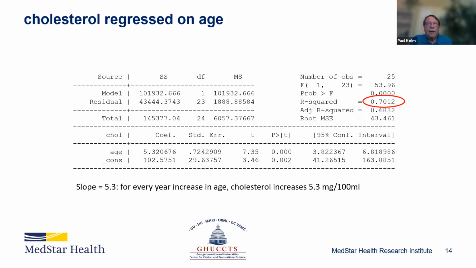And in terms of our intercept term here, 102.57, what that means is that when age is 0, the cholesterol level is 102, plus or minus a little bit. Well, if you think about this, an age of 0 is not very meaningful unless we're talking about newborns.